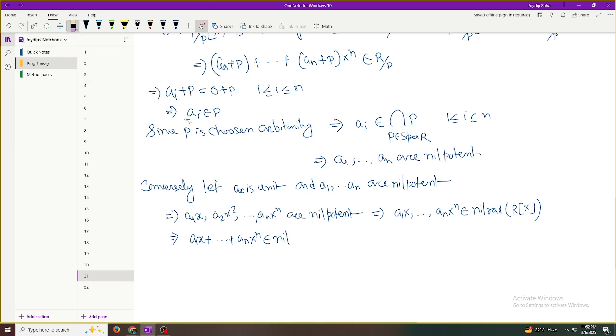Actually I should write nil R[x]. This is standard notation. So it is a nilpotent element. Unit plus nilpotent is unit, sorry.